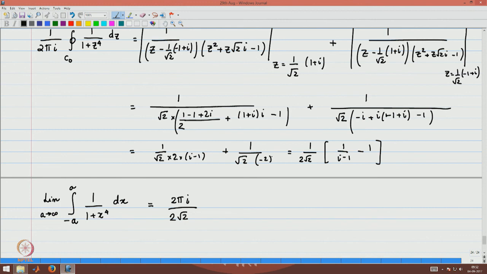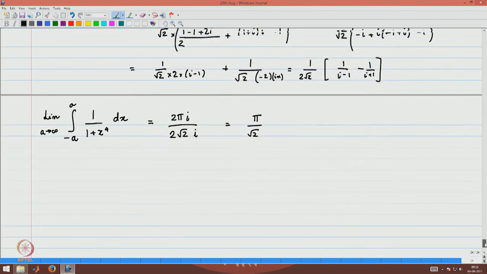Yes, there is a factor of i plus 1. So, finally, you will just get a factor of i here, and this will be just pi by root 2. At the end of all these calculations, you will get this kind of answer.